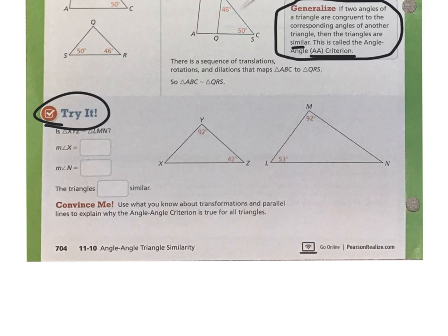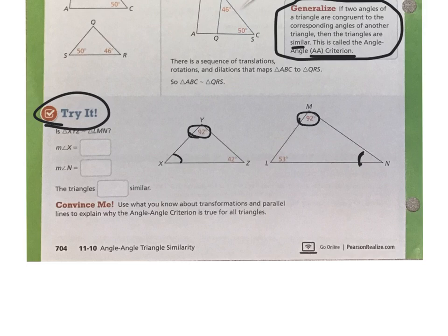Is triangle XYZ similar to triangle LMN? Well, the first thing that we need to do is make a determination of the measure of angle X and the measure of angle N to determine if these triangles are indeed similar. What I notice right away is that they both have a 92-degree angle.